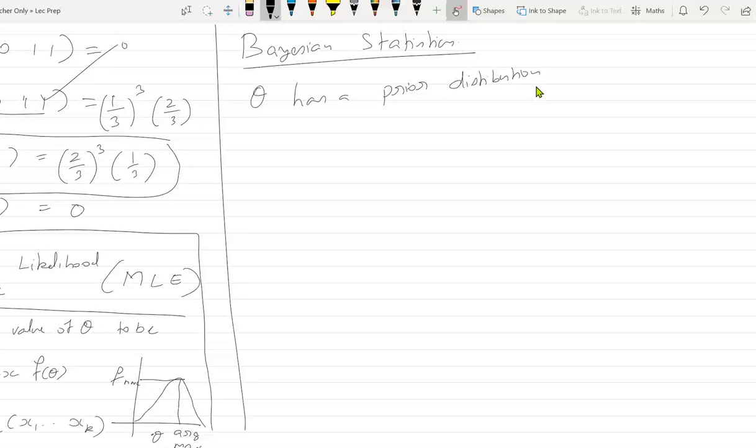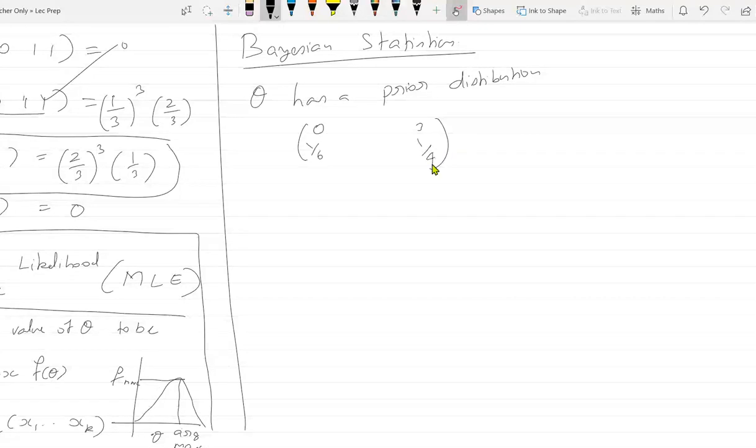So theta is 0 with probability 1 by 6. It is 3 with probability 1 by 4. So let's say it is 1 with probability, and let's say it is 2 with probability.